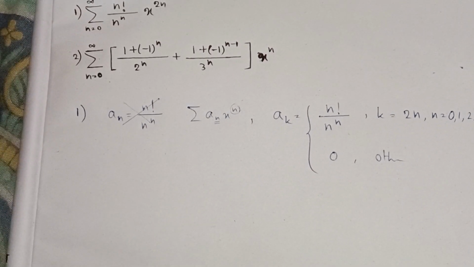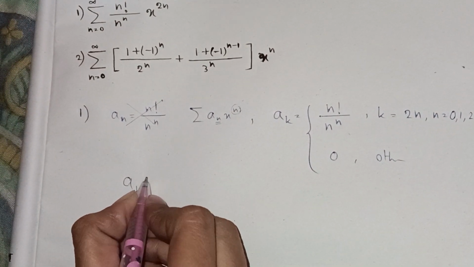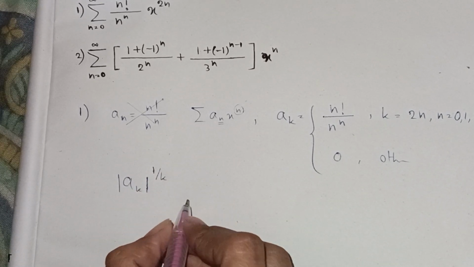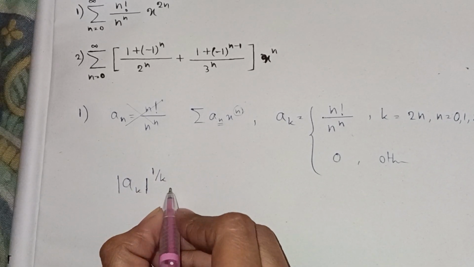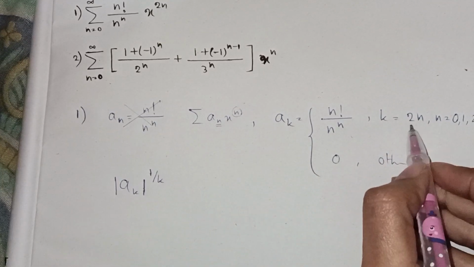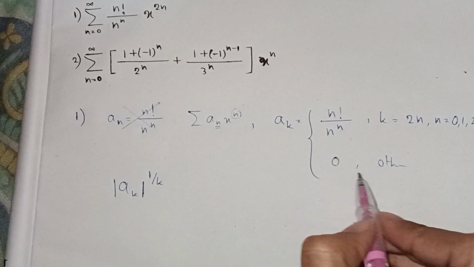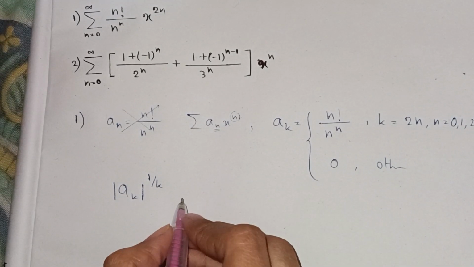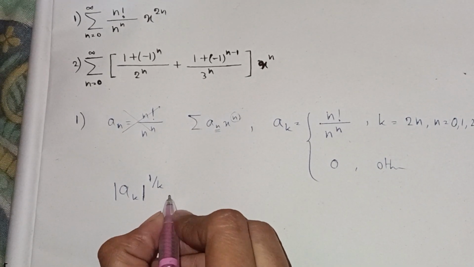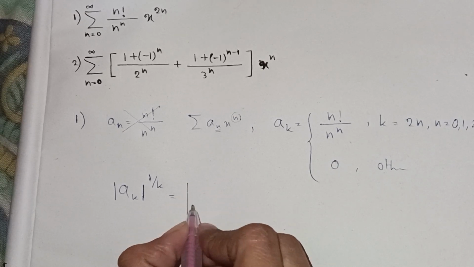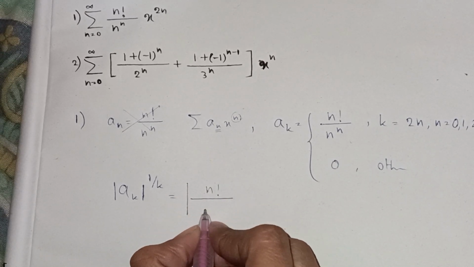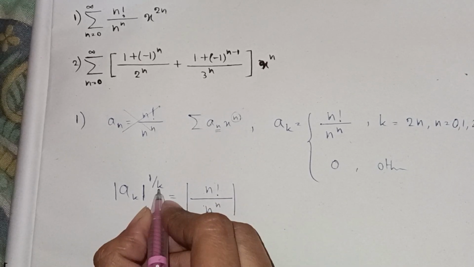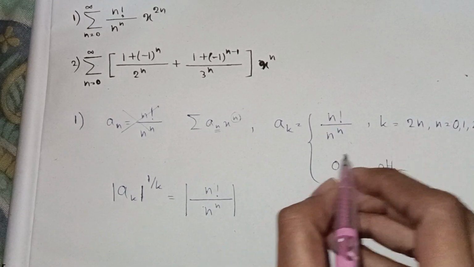We will find |a_k| whole to the power 1 over k. Here we are using k equal to 2n, because otherwise it is 0 and we have to find the limit superior. So |a_k| becomes n factorial over n to the power n, and k is equal to 2n, not only n.